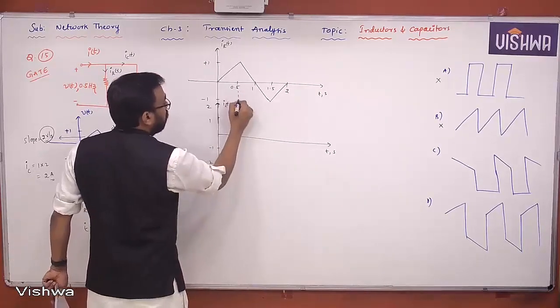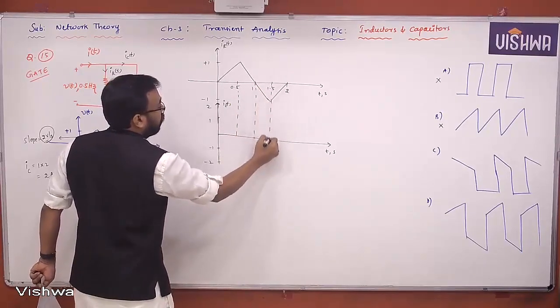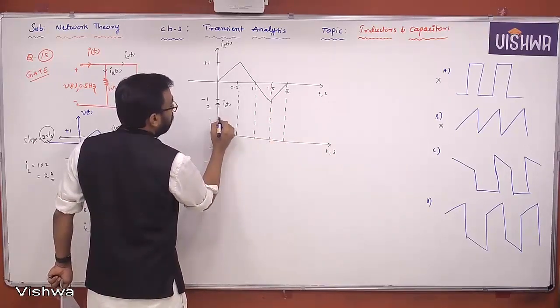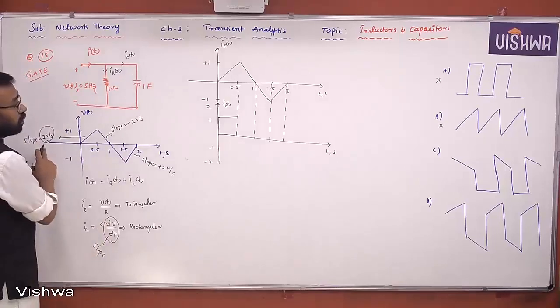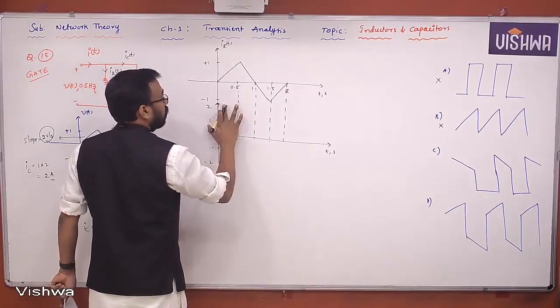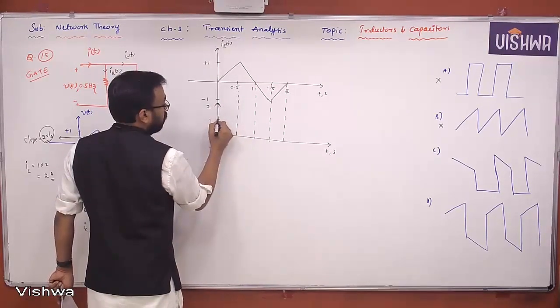What do you get here? Let me draw the waveform. 1. Is it 1 or 2? Yes, 2, right? So let me draw 2. This is 1. This is 2.